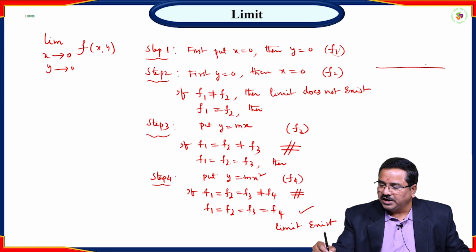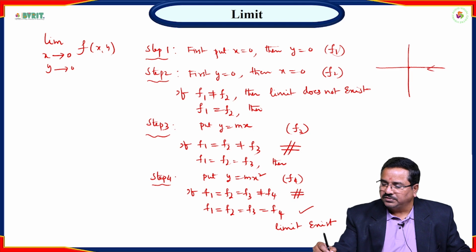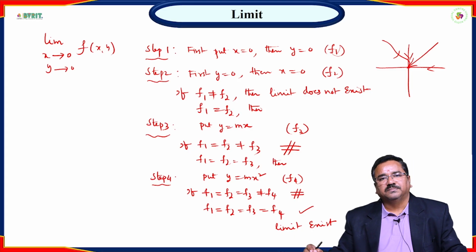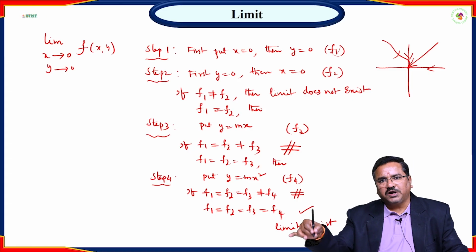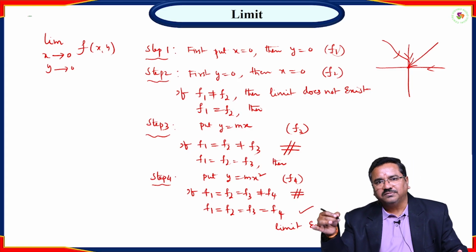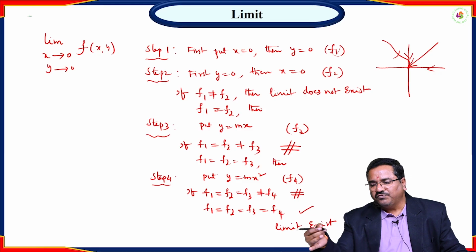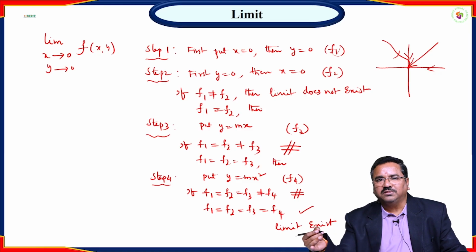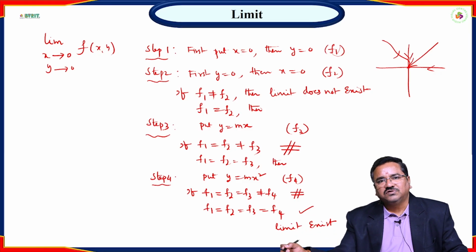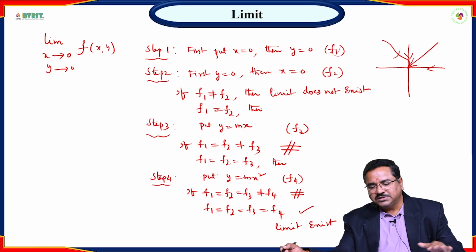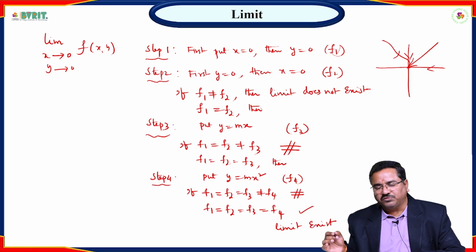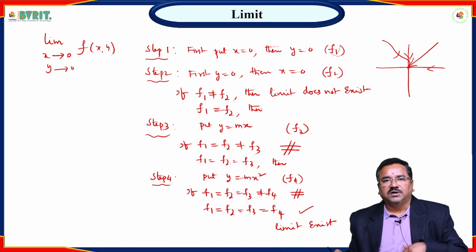We are finding the limit at the origin, approaching along this linear path, and along another, different path also we are evaluating. If along different paths you get the same answer, the limit exists. If you get a different value along any path, the limit does not exist. So this is the easiest procedure to compute the limit at the origin.